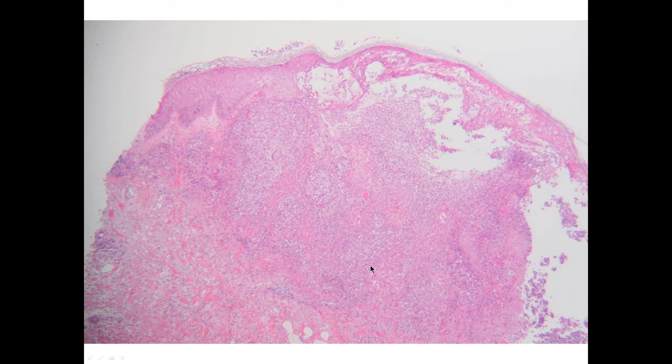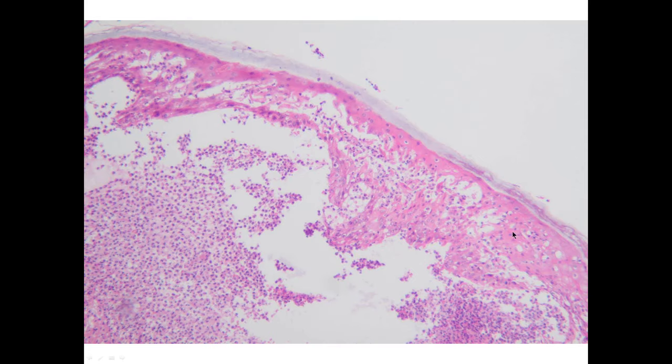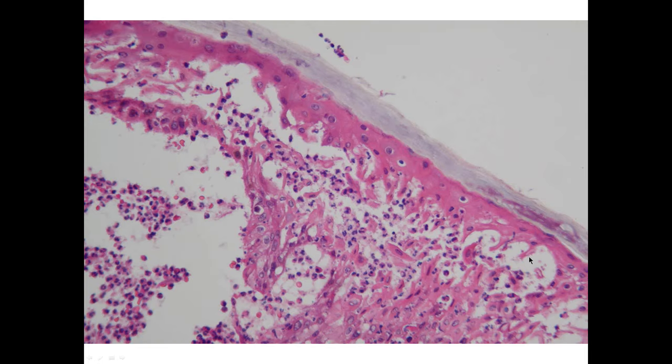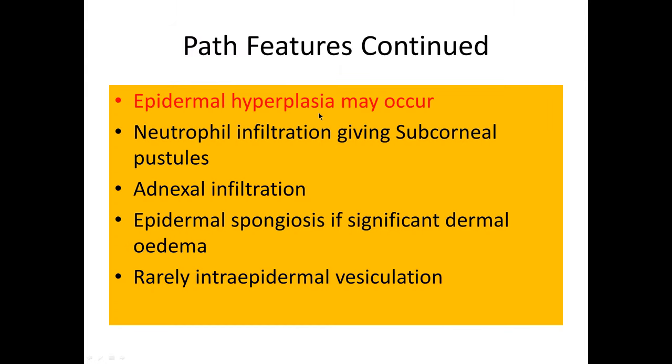Dense infiltrate. How much of this damage was due to cells infiltrating in there and damaging the epidermis? If you have a look, you can see the extent of the intraepidermal damage here. You can also get epidermal hyperplasia in Sweet's.